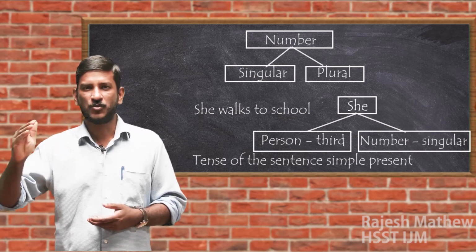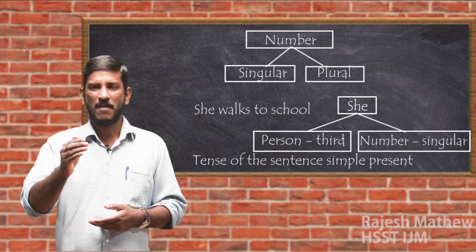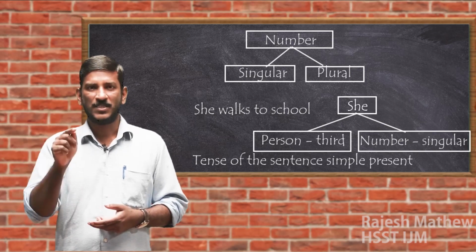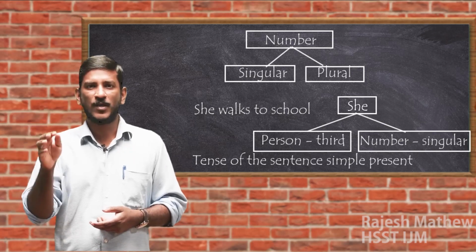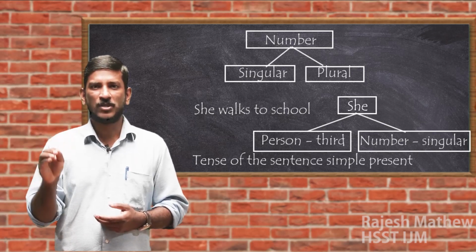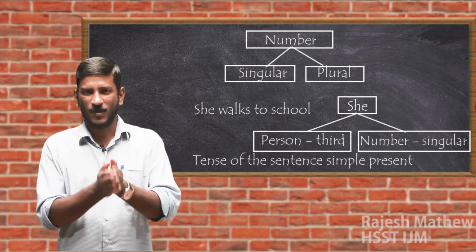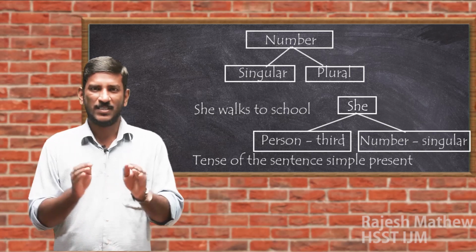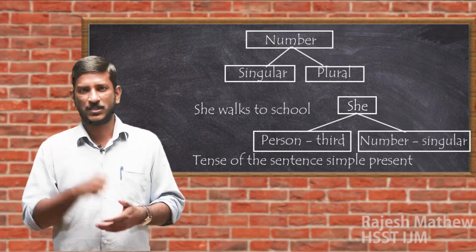She walks to school. The verb is restricted by the number and person. The form of the verb varies according to the number, person, and tense. What about the tense of that sentence? It is simple present. So the verb is walks.